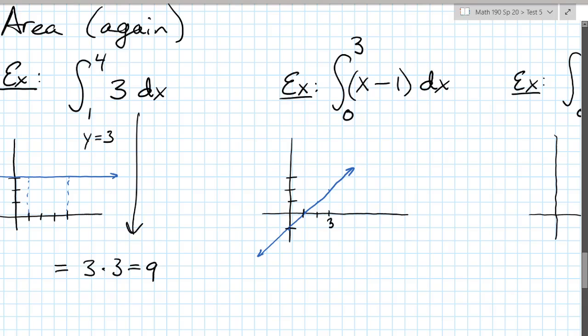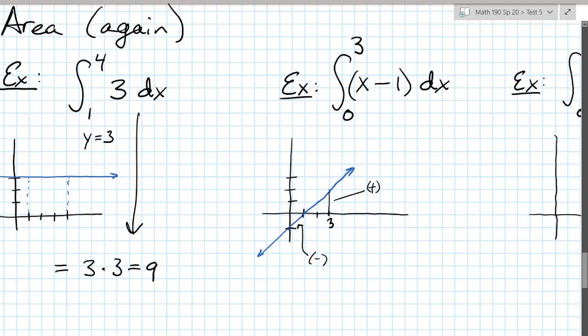And what we saw from one of the previous problems is that when we take the definite integral, we end up with the net area. So this underneath the x-axis will contribute a negative amount, and this above the x-axis will contribute a positive amount.